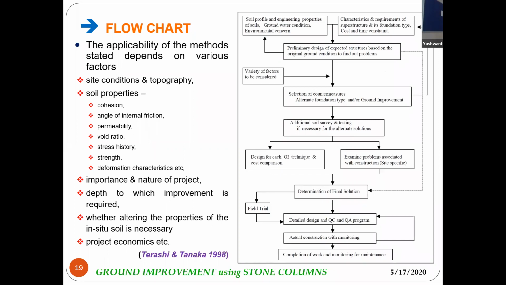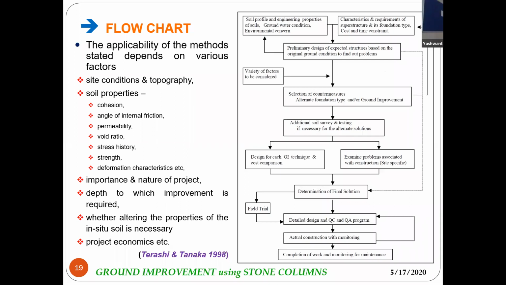Michel and Menten mentioned regarding the soil properties. So what are the few properties I listed out? As we all know, ground improvement mostly is done for fine grained soils, with few applications even to the coarser fraction.